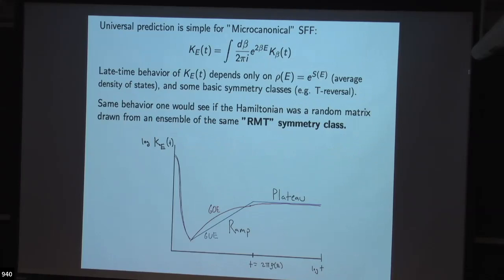It's tough to define precisely for a quantum system what chaotic means. We can have some tests where, if the system passes the test, we would call it chaotic. One of these is the scrambling in out-of-time-order correlators. But oftentimes people just say that if a system has this late time behavior of the spectral form factor that I'm going to tell you about, then it's chaotic.